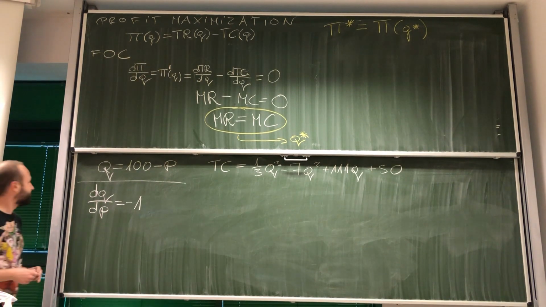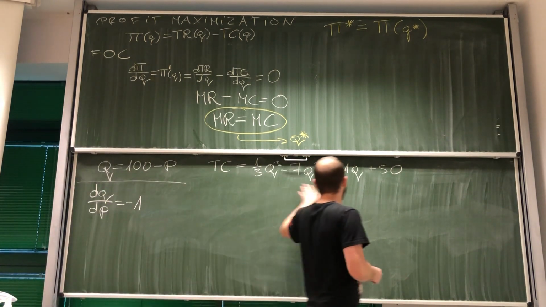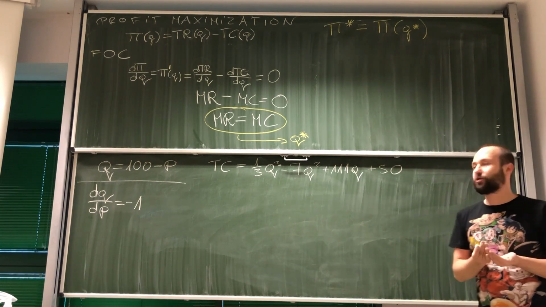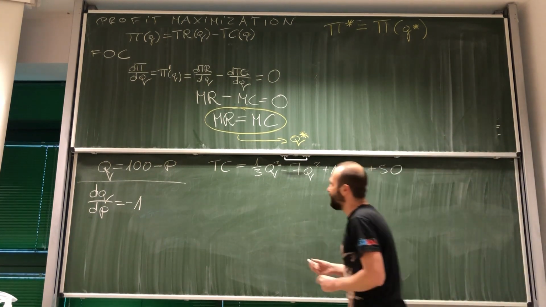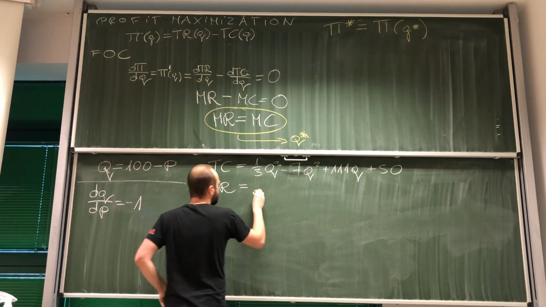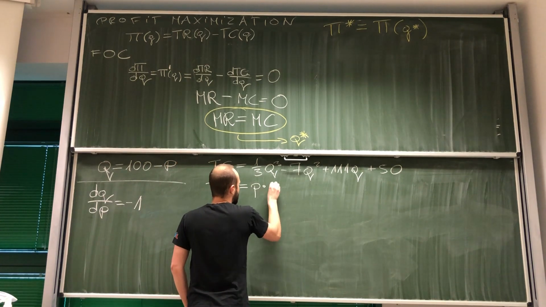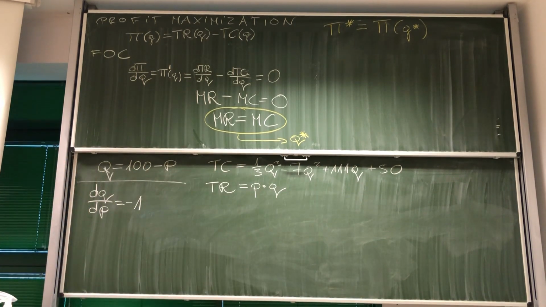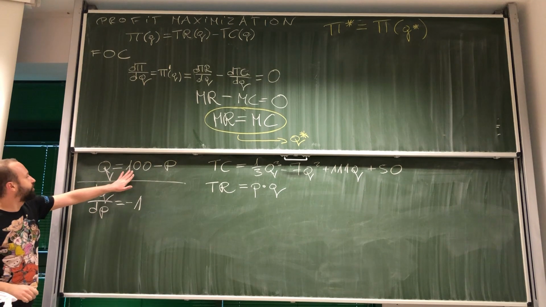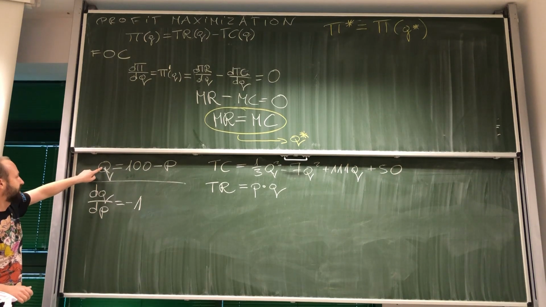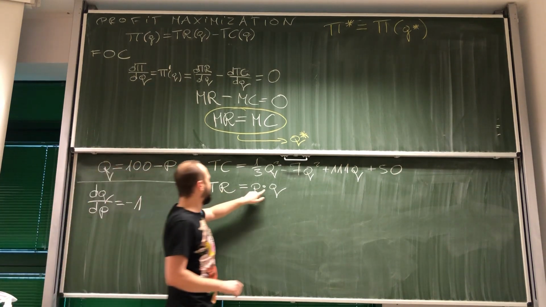Okay. Now, we've got total cost, but we still don't have total revenue. But we also remember that total revenue is equal to price times quantity, right? So, what can we do with this right now? Look, one thing I could do is to use Q from here and place it over here.